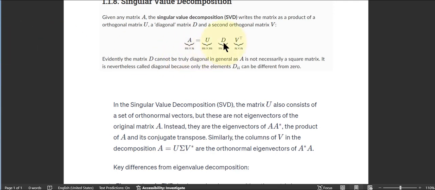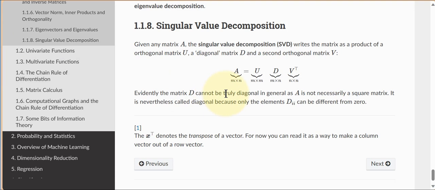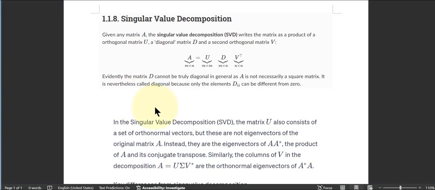And then D is the eigenvalues for that. U is the eigenvectors of A A star, that's here, and then this V is the eigenvectors of A star A. So it's not the same order: this is A A star, this is A star A. So they probably have different eigenvectors.